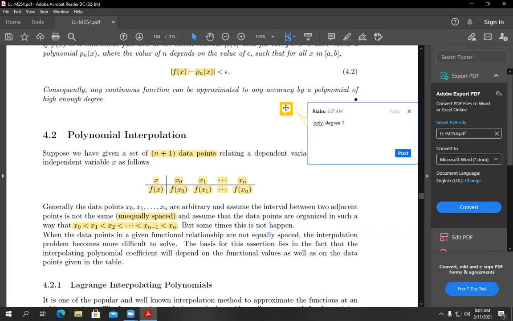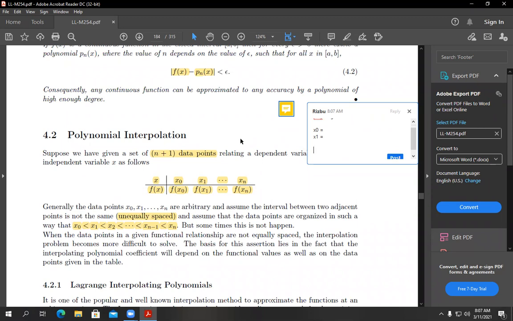If you have a degree n, you need n plus 1 points. If you have degree 1, how many points do you need? 2. 2 points we need, x0 and x1.